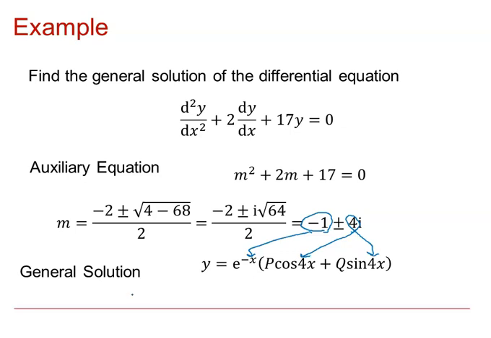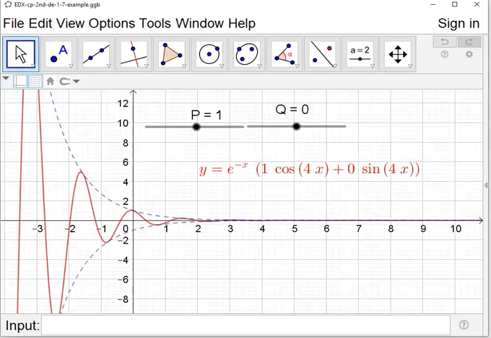And we can have a look at this general solution in more detail using a GeoGebra file. So at the moment I've set P equal to 1 and Q equal to 0, so our solution is y equals e to the minus x times cos 4x, and you can see that particularly if you look at x is 0 that this is trying to behave like a cos 4x.